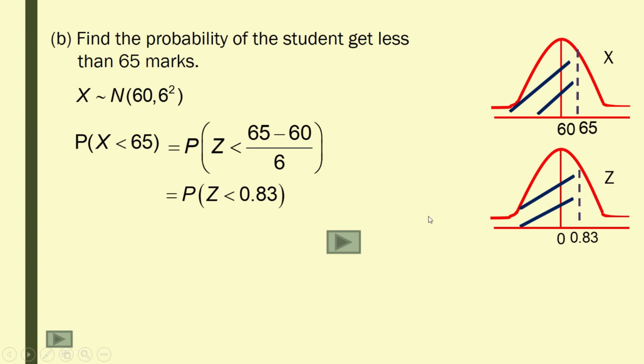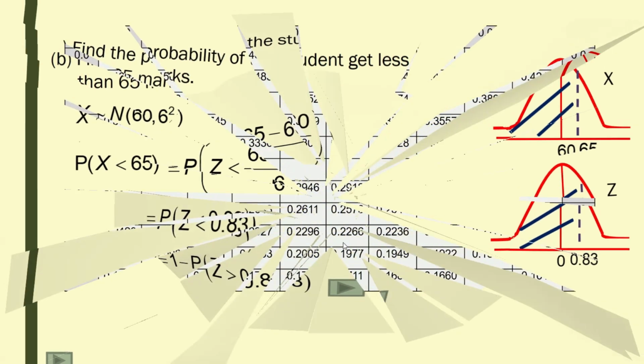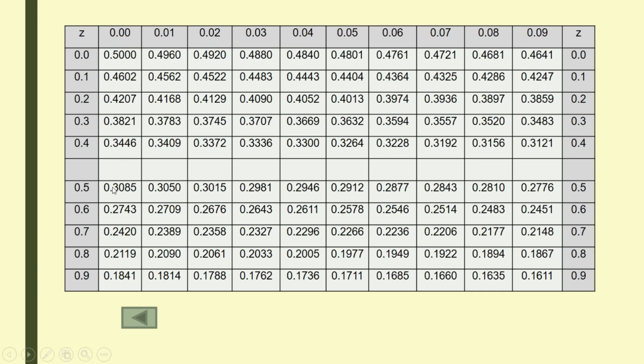Okay, because we use the positive Z table, we cannot read P(Z < 0.83), so we must change to 1 − P(Z > 0.83), and we read from the statistic table.